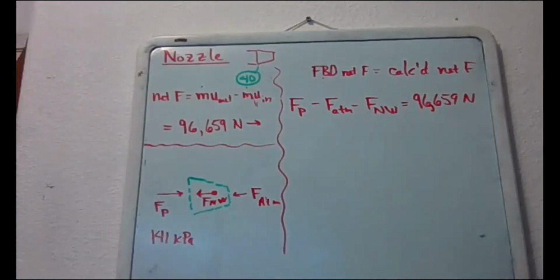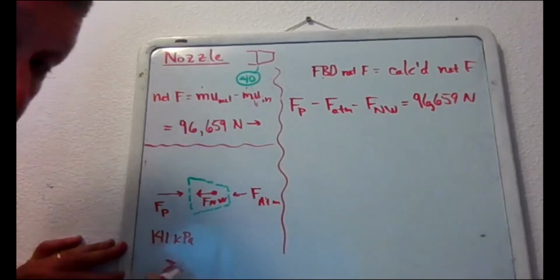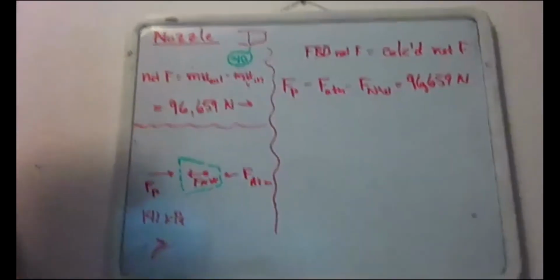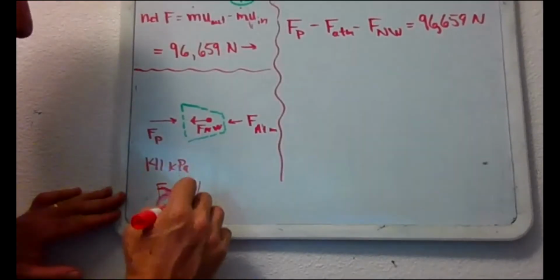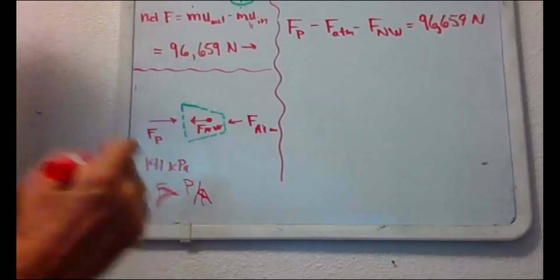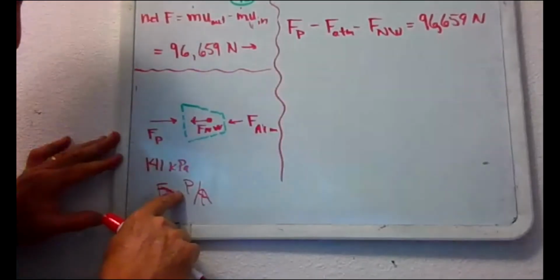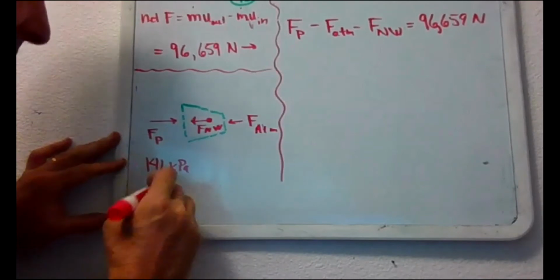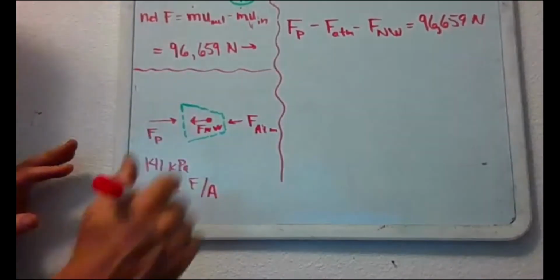Okay, and then we really want to get good at using this relationship. I know it's a little bit hard to see down here, so bear with me for a second. If pressure is force per unit area, then force is pressure times area.